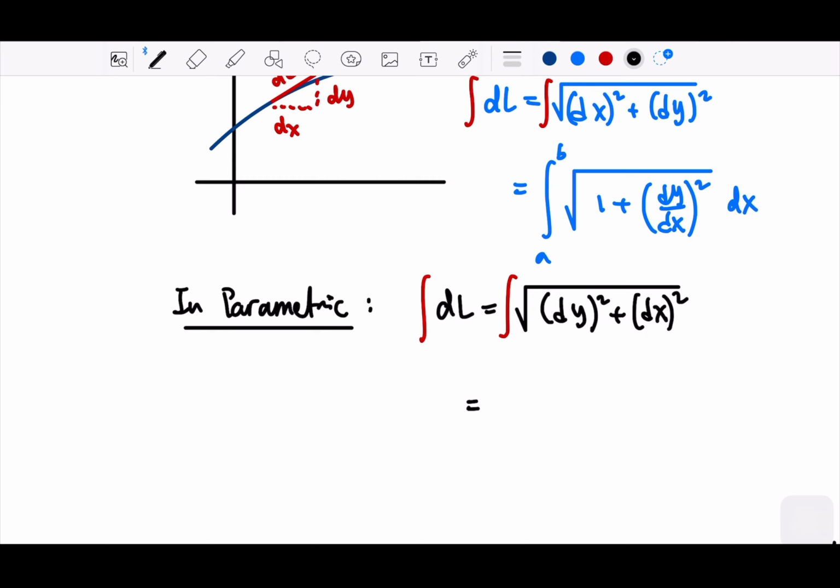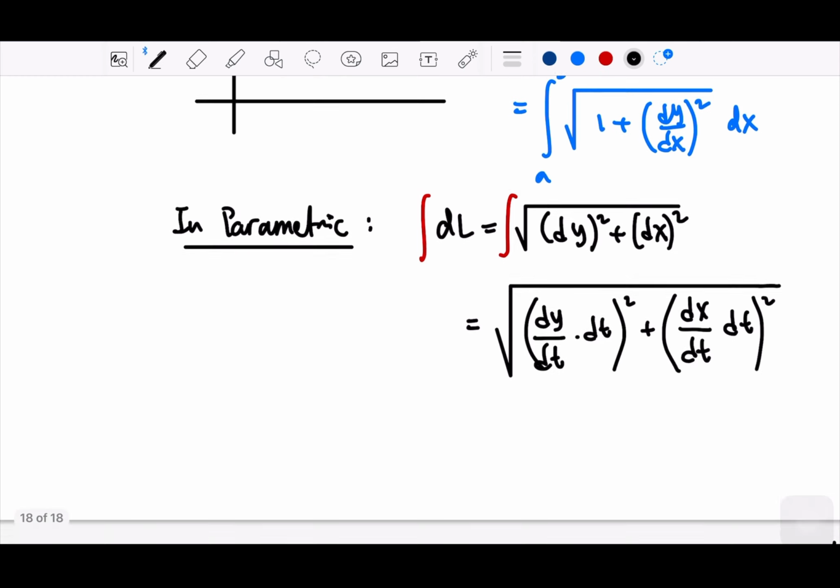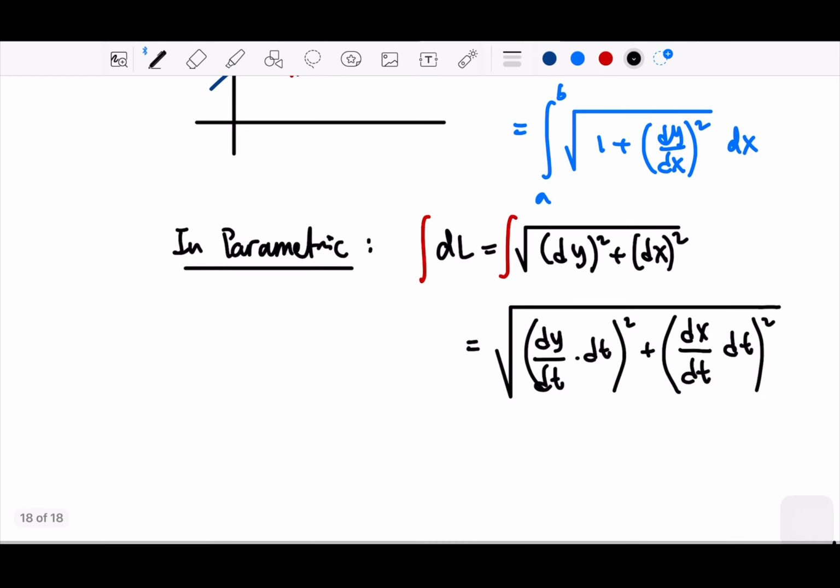So we are going to do the chain rule, for both dy and dx, we are going to take this approach. So we multiply with this, and also the same thing with dx, and then we factor out dt.